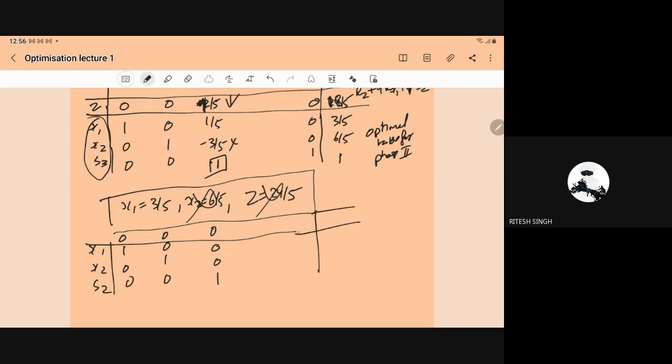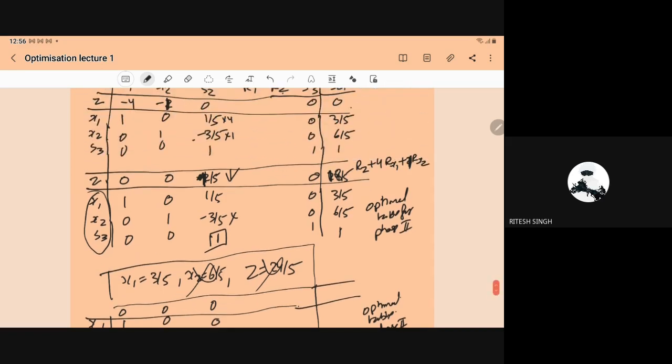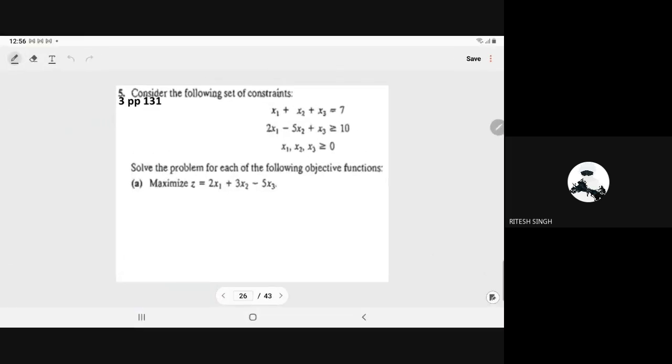Whatever will come, that will be the optimal table of phase 2, and that will give you the answer. The main thing is, with phase 1, we obtain the initial basic variable. That is the main objective of phase 1.